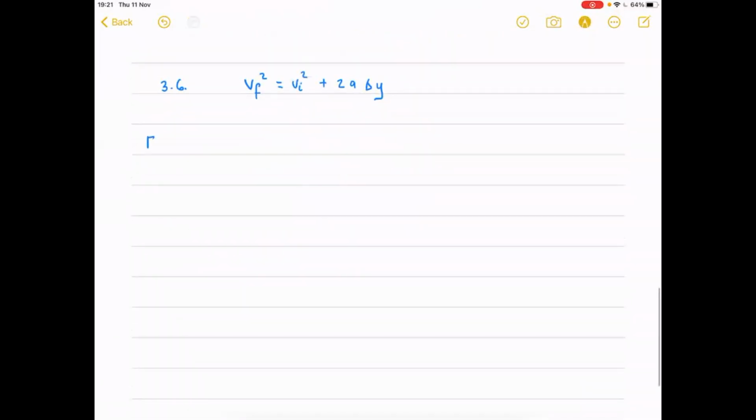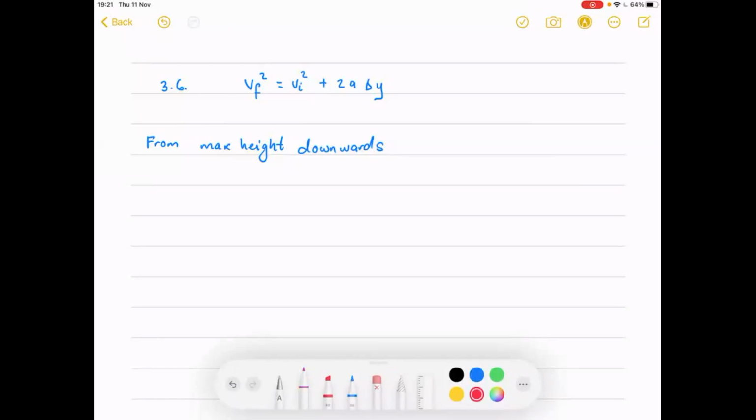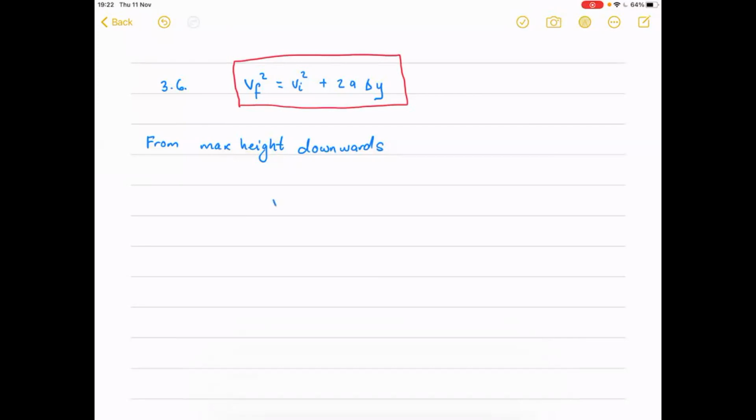Okay, so let's look at the first case where we are talking about from the maximum height till it falls to the ground. So I'm looking at from maximum height downwards. So then into this equation, I'm going to write the equation again. Okay, so then we're going to get VF squared. We're trying to find VF. It's going to equal to, at the maximum height, what is the velocity?